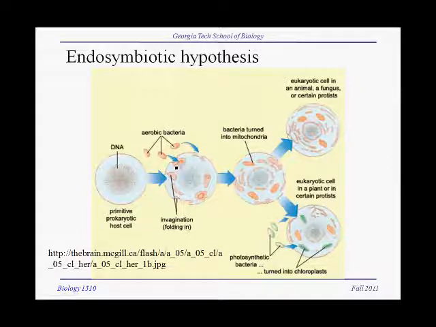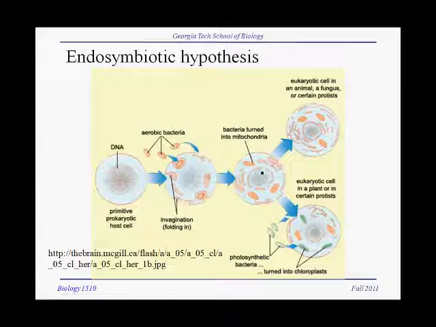And other membrane invaginations, the plasma membrane making pockets into the cytoplasm, are thought to be the origin of the endomembrane system and of the membranes that enclose the nucleus. So membrane invaginations became the endomembrane system as well as the nuclear envelope.